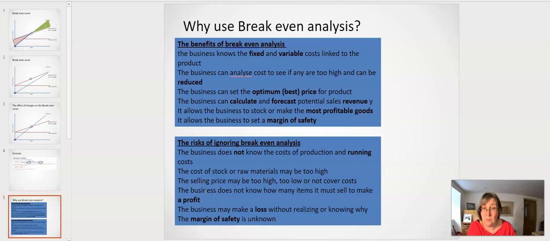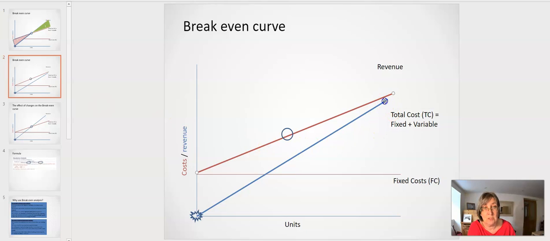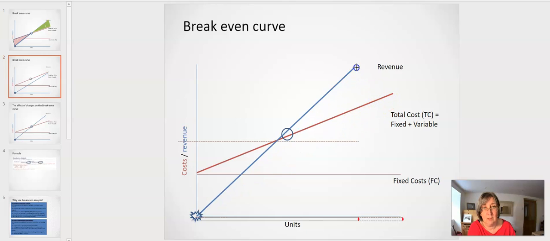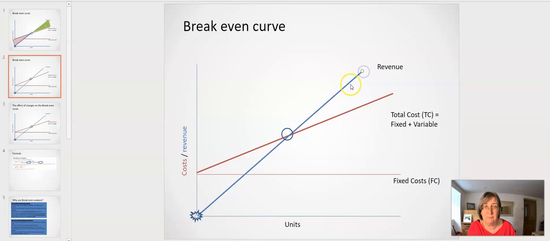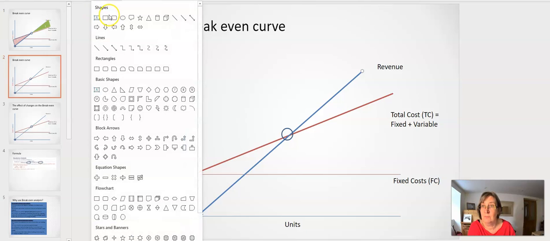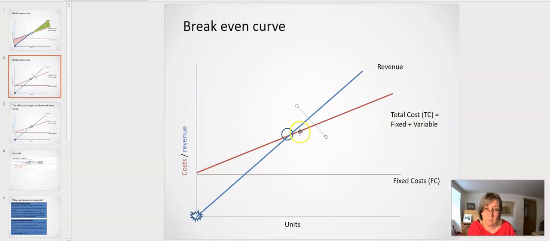A business doesn't know how many items it must sell to make a profit. So by doing a break-even analysis, they know how many units they have to make to break even.